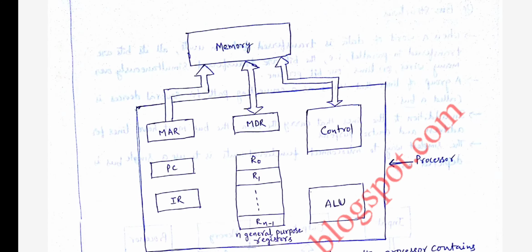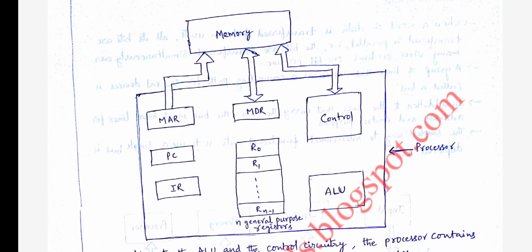See, you observe this is memory, and we have a MAR, which is called memory address register, MDR, memory data register, and some control unit, and PC, that is called program counter, and IR, it's nothing but instruction register, and some registers: register R0, register R1 up to register Rn-1, meaning n general purpose registers.